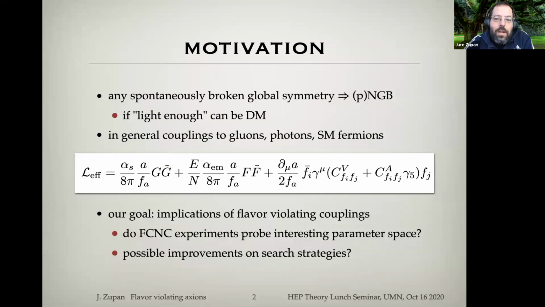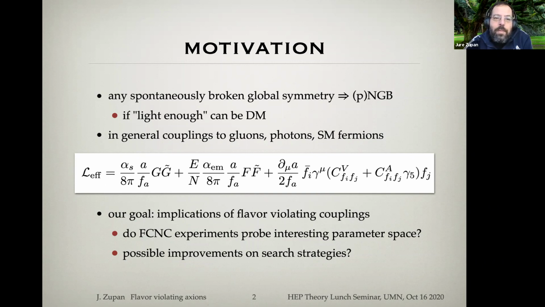So the motivation here is really very general. We take a spontaneously broken global symmetry, we'll have a pseudo-Nambu-Goldstone boson. And the nice thing is, if this guy is light enough, it can be stable enough that it can be a dark matter candidate.